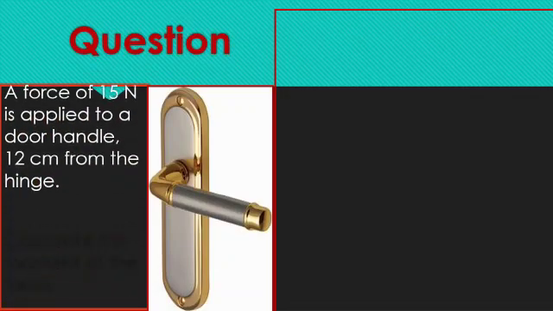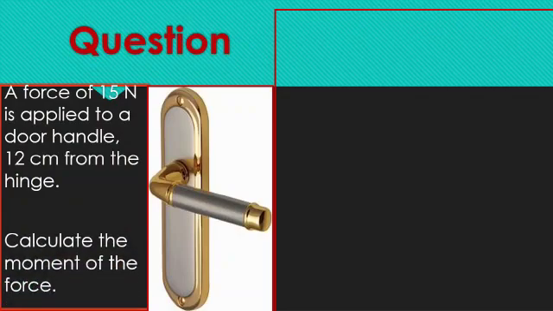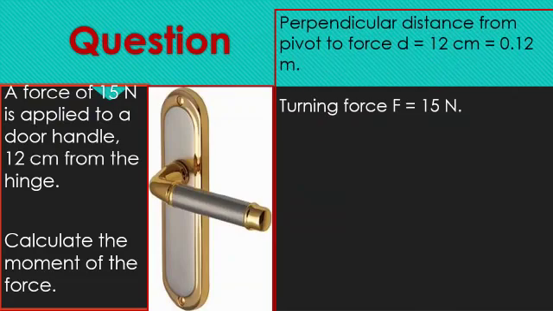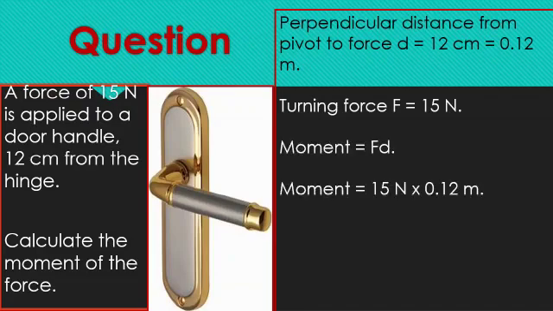Question. A force of 15 newtons is applied to a door handle 12 cm from the hinge. Calculate the moment of the force. Perpendicular distance from the pivot to force is equal to 12 cm or equal to 0.12 meters. The turning force is equal to 15 newtons.